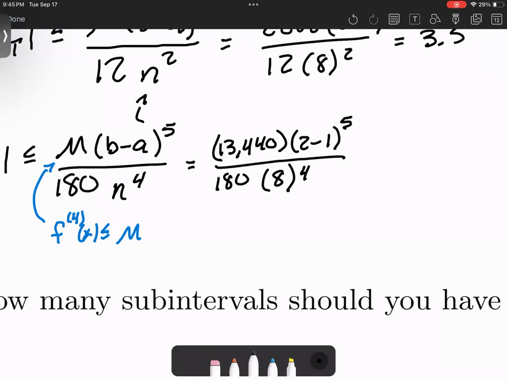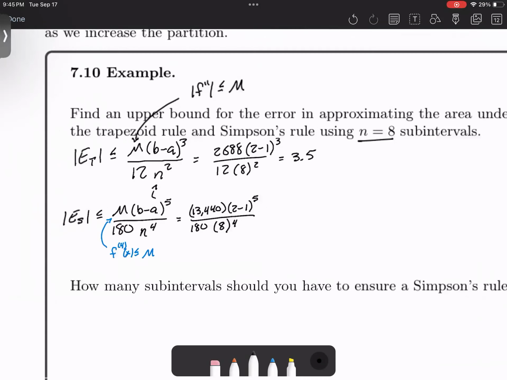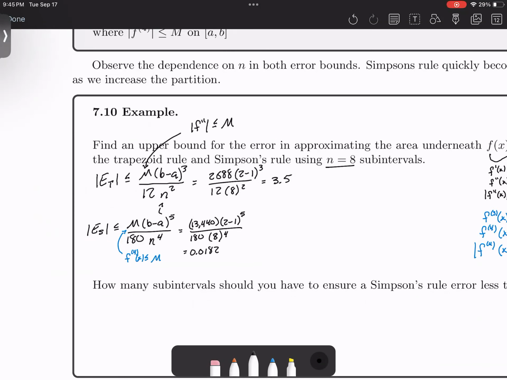All right, running through the algebra here, we find an upper bound for the error on a Simpson's rule approximation of 0.0182. So that's not the actual error in the Simpson's rule approximation, it's the worst case scenario. It's the upper bound on what the error can be.